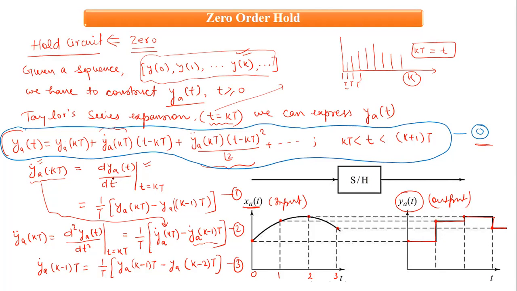And we can write this dy by dt in terms of the difference equation also. The difference equation is given by equation number 1. Similarly, for the second derivative, y double dot a kt, we can write equation number 2. So we can put y a kt minus y a k minus 1 t, and replace from equation 1 and equation 3 into equation 2.